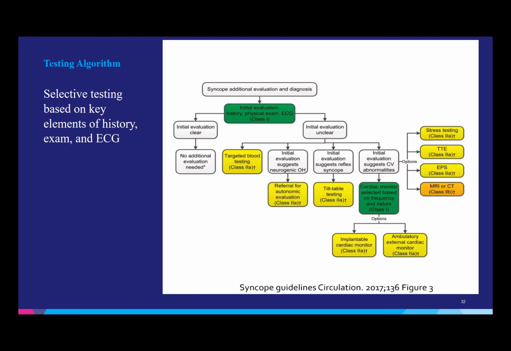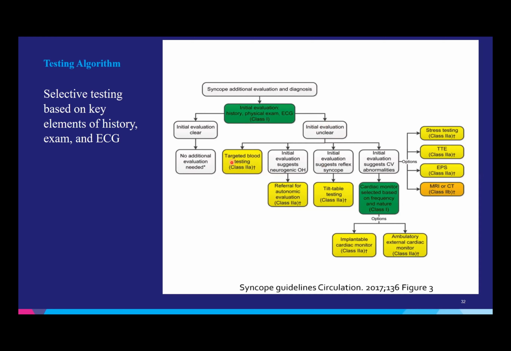And this is actually from the American Cardiology guidelines, which is just to say, use your tests wisely, and everyone doesn't need every test. When your evaluation is fairly straightforward for vasovagal syncope, you don't need any more testing. If you're not sure what's going on, do some initial blood tests.